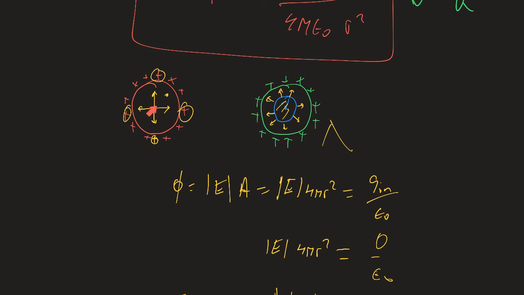But what if I move this point and I put this point P here? The calculation will be very difficult, because due to this charge there will be an electrical field like this, due to this charge an electrical field like this, and due to this charge an electrical field like this. How I will sum it will be really difficult.